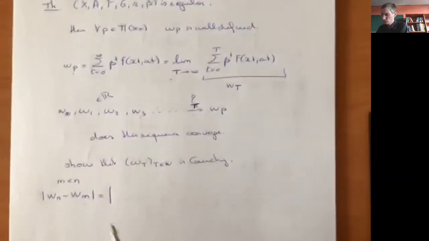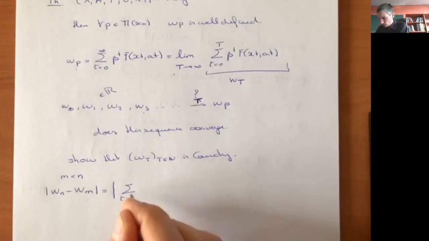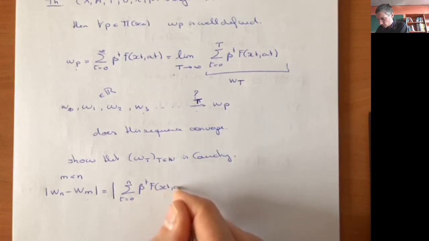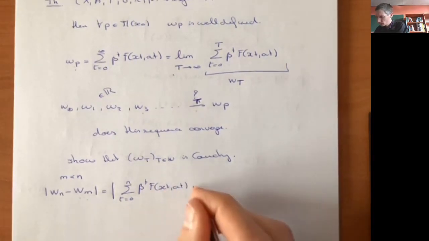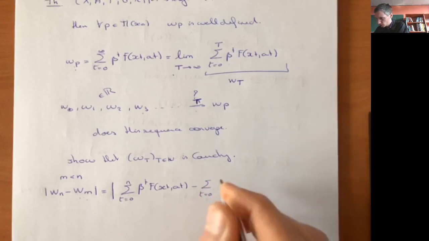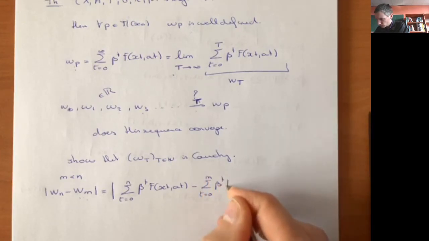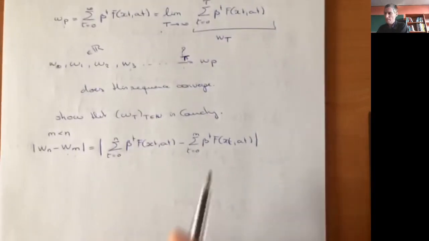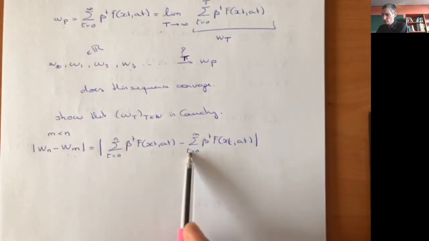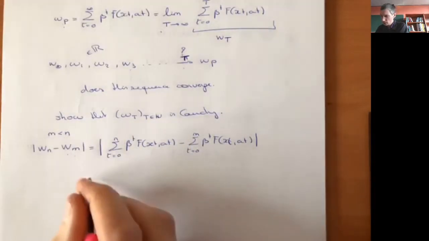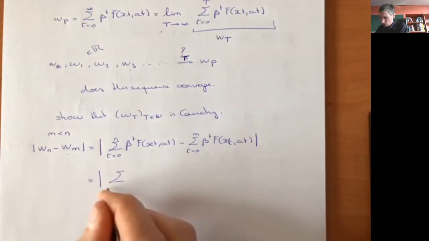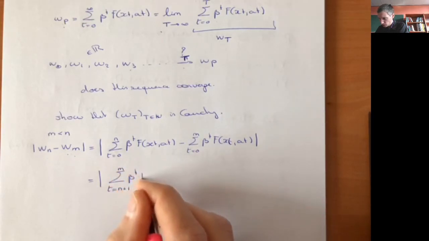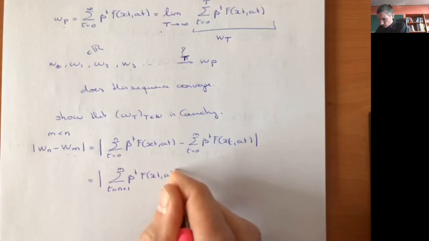Well, this is the first sum from t equals 0 to n of beta to the power t f(xt, at) minus the sum now from 0 to m of beta to the power t f(xt, at). Okay, so this is the sum from 0 to n, this is the sum from 0 to m, m is smaller than n, so if I take the difference I get the sum from t equal to m plus 1 to n of beta to the power t f(xt, at).